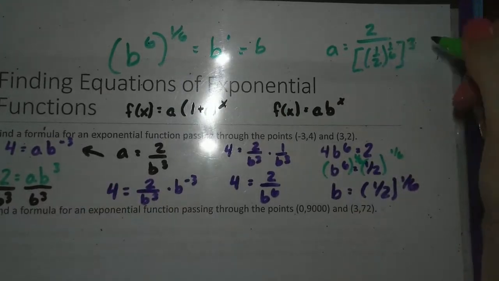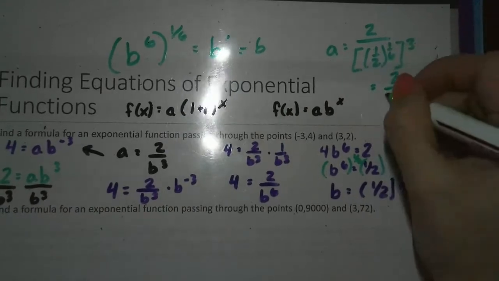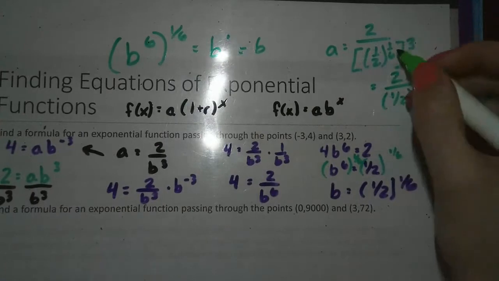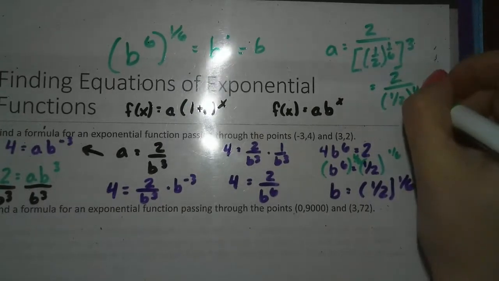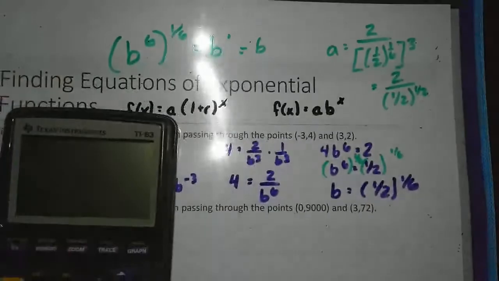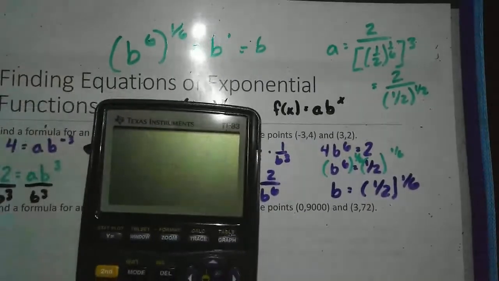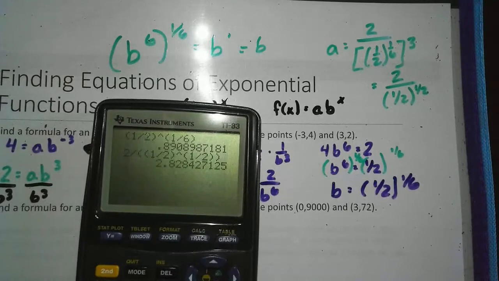This is a case where I multiply exponents, so a = 2 over (1/2) raised to the 1/6 times 3, so that'd be 3/6, which is 1/2. And that is not pretty either. Let's see what that looks like. We have 2 divided by (1/2)^(1/2). 2.82 stuff.